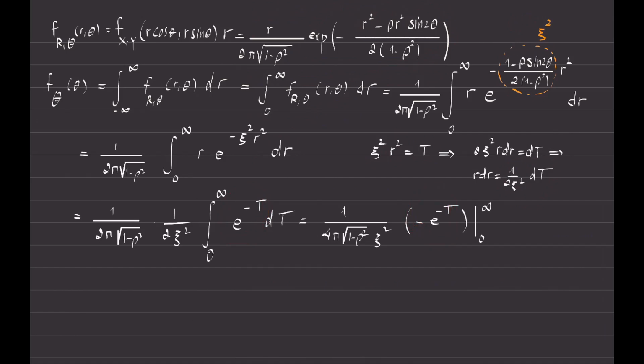This is just simply 1, because if I put infinity it becomes 0, if I put 0 it becomes 1. So that is the final answer to the problem actually, but I have to put this c squared back, so it becomes 1 over 4 pi square root of 1 minus rho squared multiplied by the reciprocal of c squared.